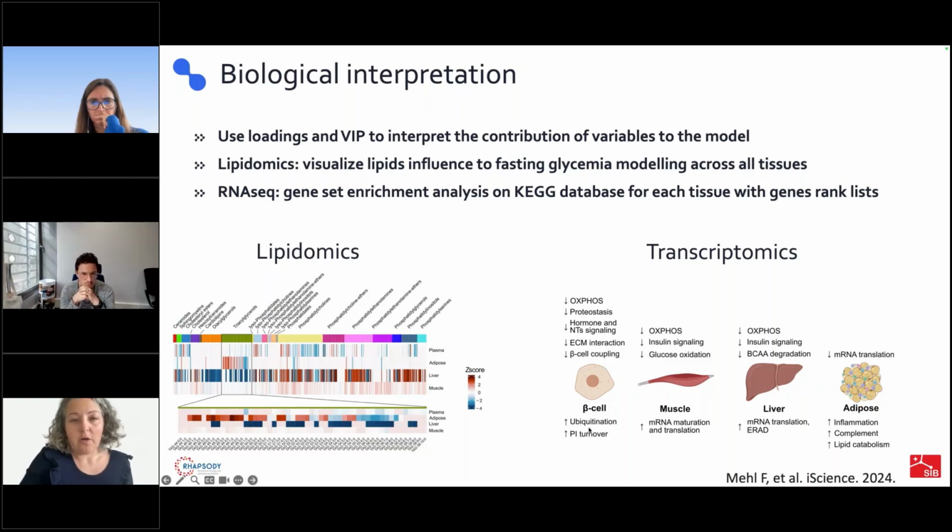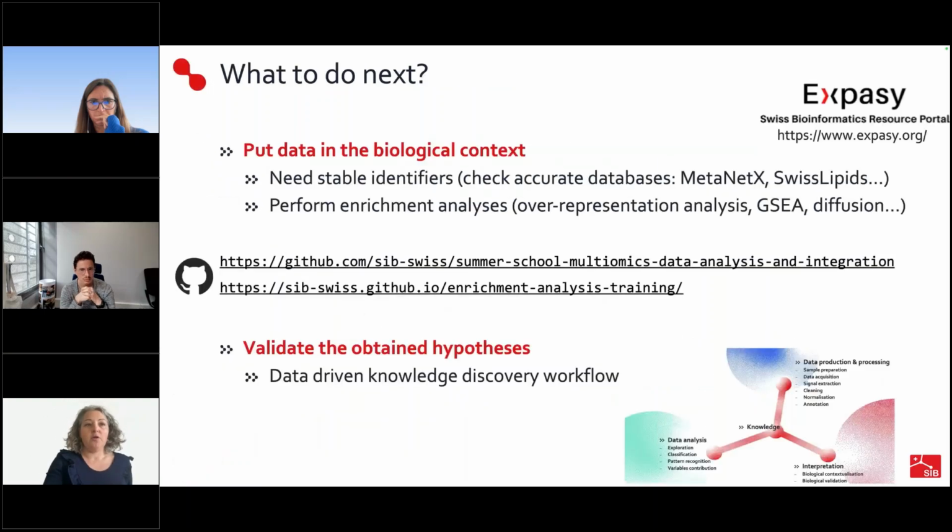So as you saw just before, the next step after the data integration is to put the results into the biological context. Then you will need accurate databases to put stable identifiers on your molecules, on your genes, etc., and be able to then use metabolic networks, for example, integrating the different levels of the biology.